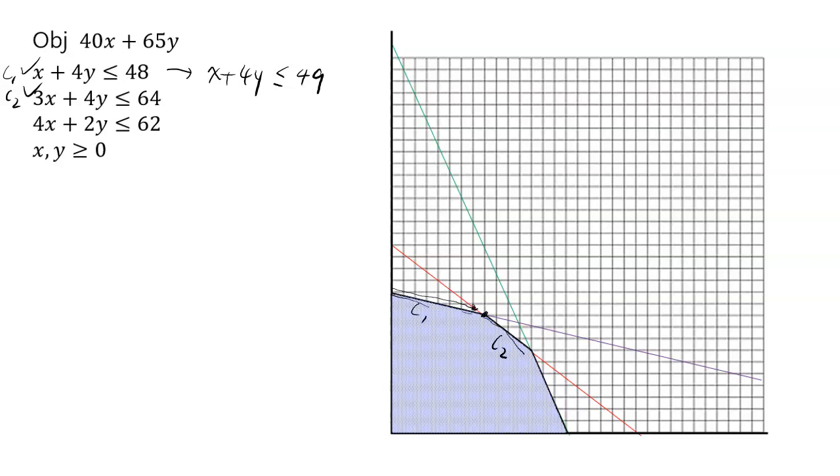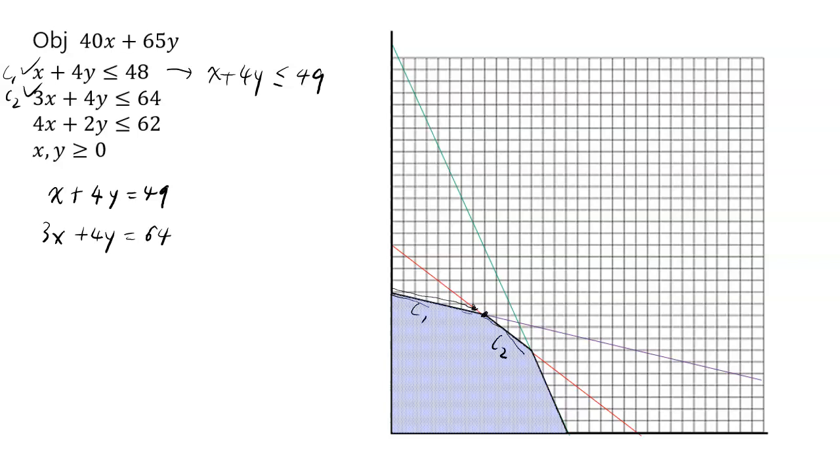And since the optimal solution happens at the intersections of constraints, we have to solve the system of equations again. The system of equations that we have to solve is x plus 4y equals 49, and also 3x plus 4y equals 64.